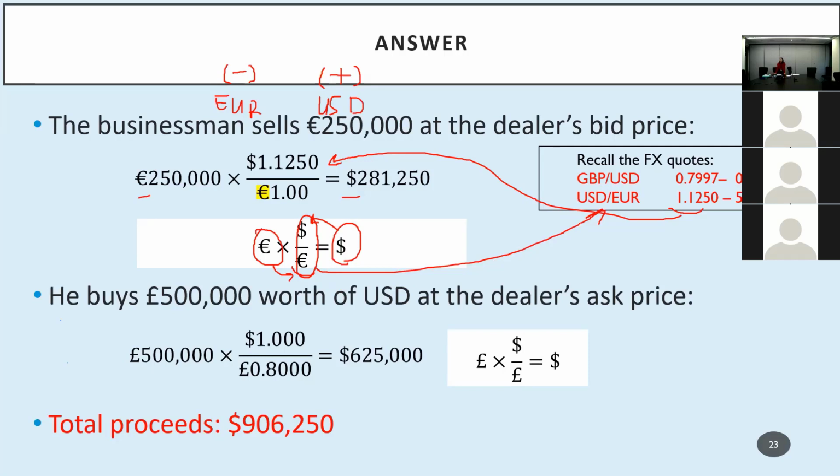So what I'll do here is that I'll just take the 250,000 euros and I times the exchange rate that I have in the question, okay? Which is 1.125. So if I do so, I will find that the amount of dollars I get for the first transaction is about 281,000, okay? So are we all good with the first transaction?